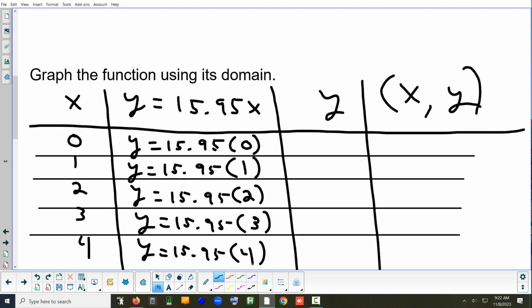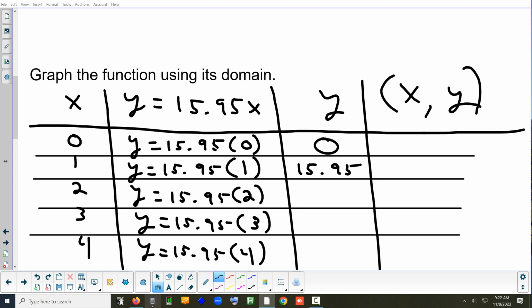All right. Let's see if we can do the first two. What's 1595 times 0 tickets? 0. Yeah, so there would be no cost if you buy 0 tickets. How about if you buy 1 ticket? What's the cost? 1595. Okay.